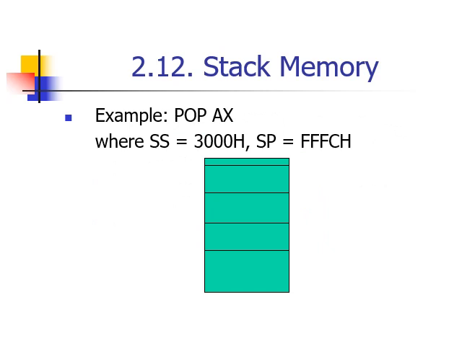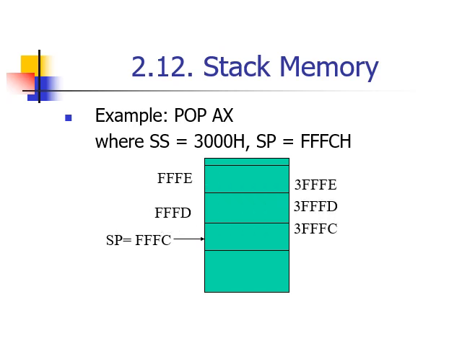How to pop AX from the stack? Here is your stack, your SP is at this location. Now 34 is popped out first, and the stack goes up one location.